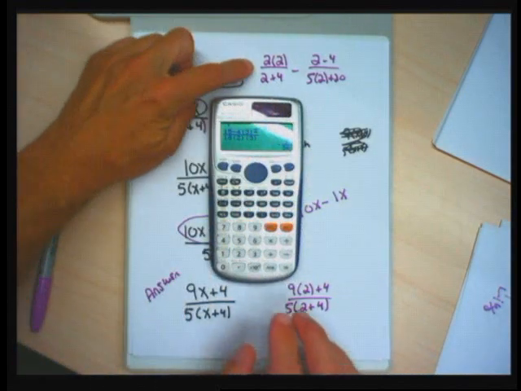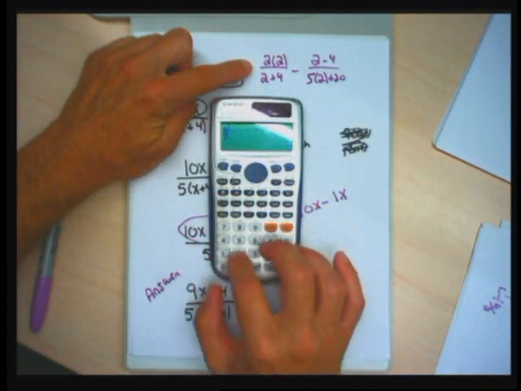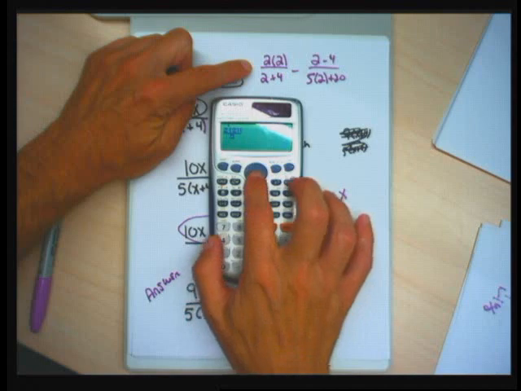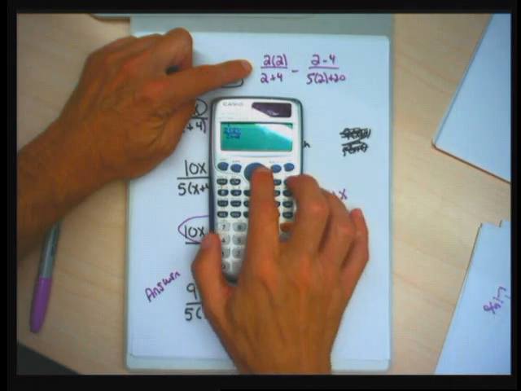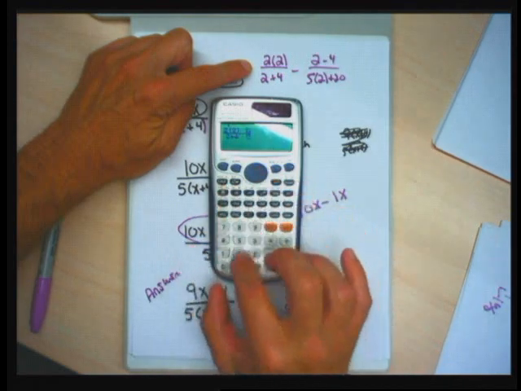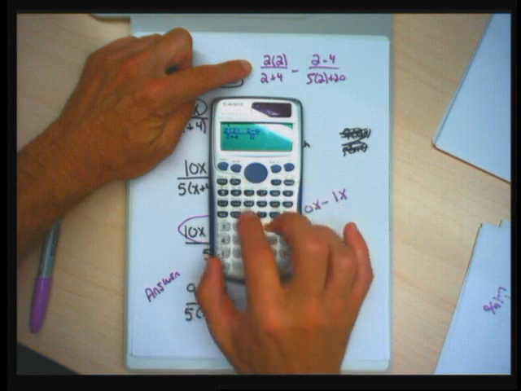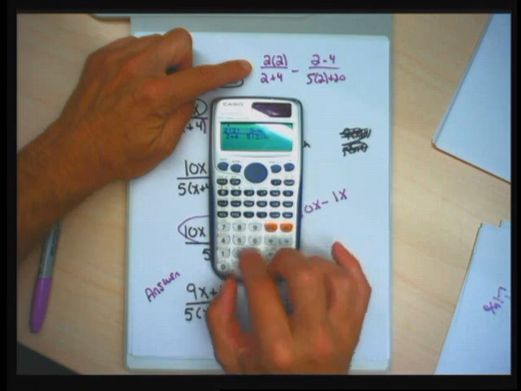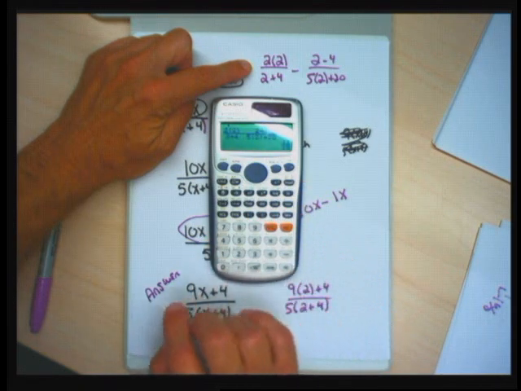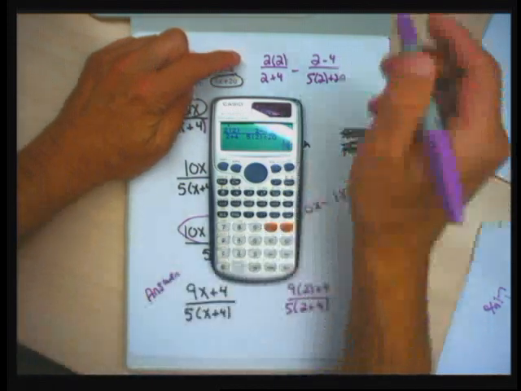So starting with the original, fraction 2 times 2 over 2 plus 4 minus fraction 2 minus 4 over 5 times 2 plus 20, and I get 11 over 15.